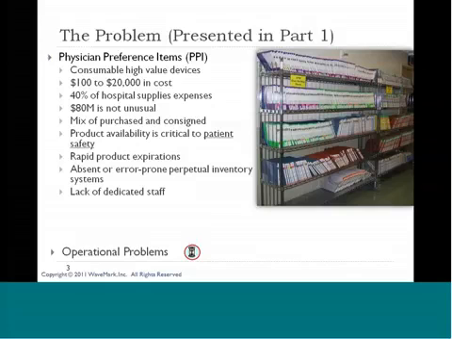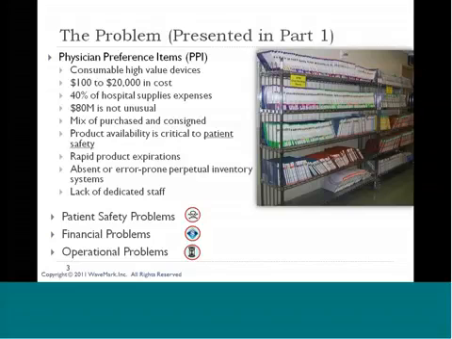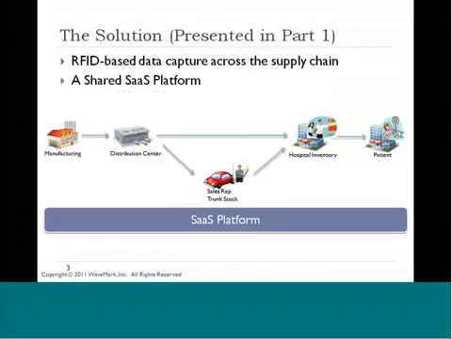That's the environment, and the problems that arise from it are in 3 categories: patient safety issues, financial problems, and operational problems. The details of these are in the previous presentation, so I won't dive into them. But rather, I'm going to dive into what the solution is, and there's going to be one more slide as to what the solution is.